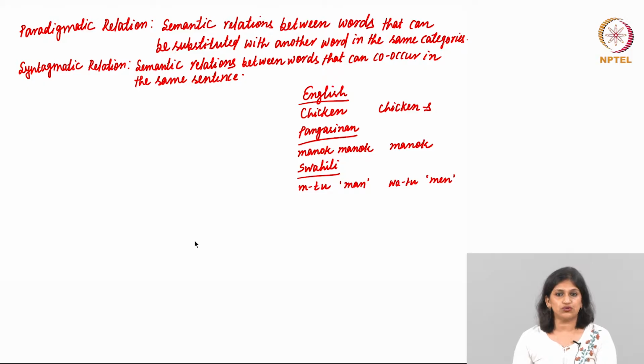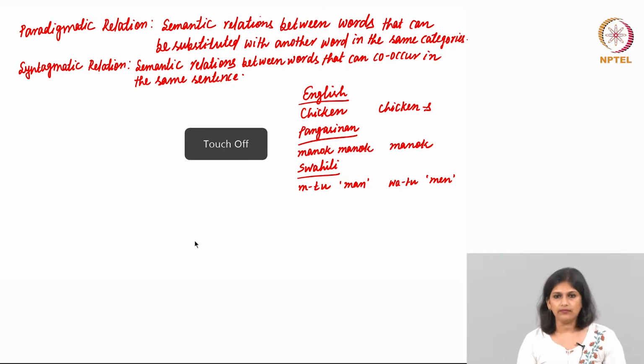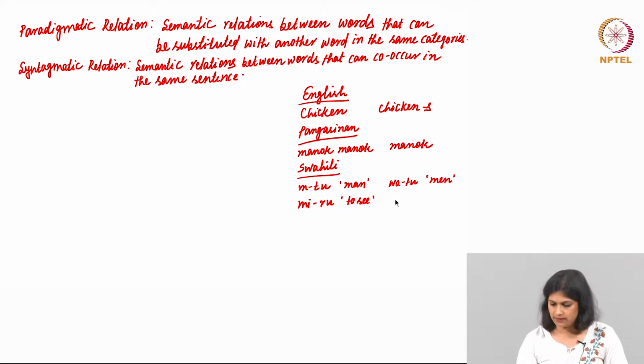Given a category with two opposing semantic terms, here we have taken the example of plural in case of, let us say, Swahili, but maybe I will give you another example where there are opposite semantic terms. Let us say here is a word, again the Swahili data, mi ru, that means to see, right, and there is a word mi nai, that means to not see, right.